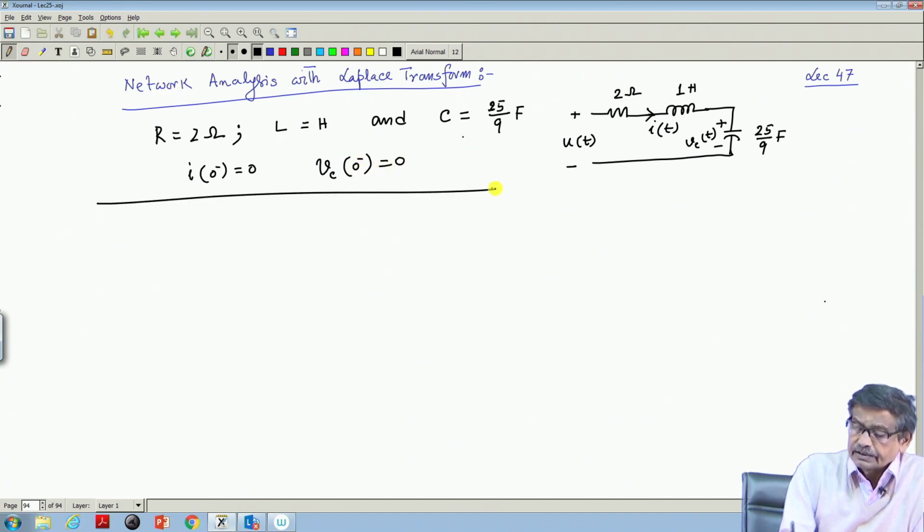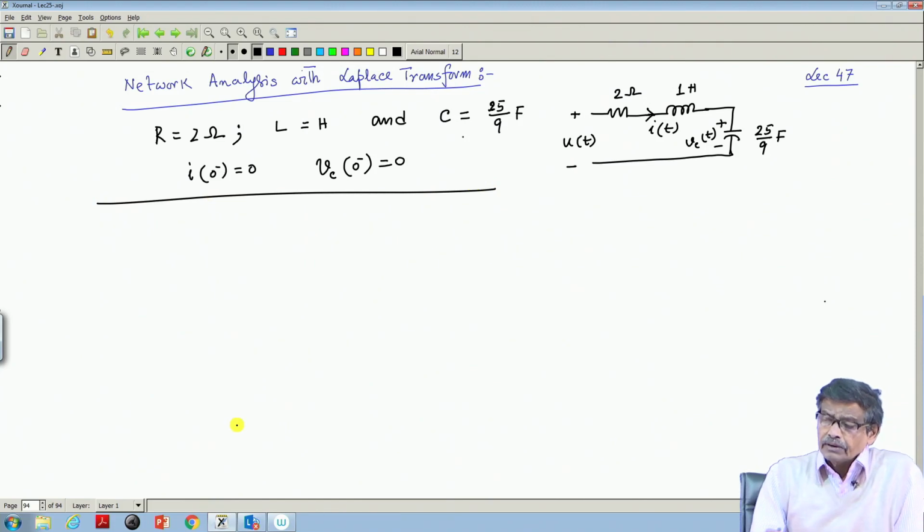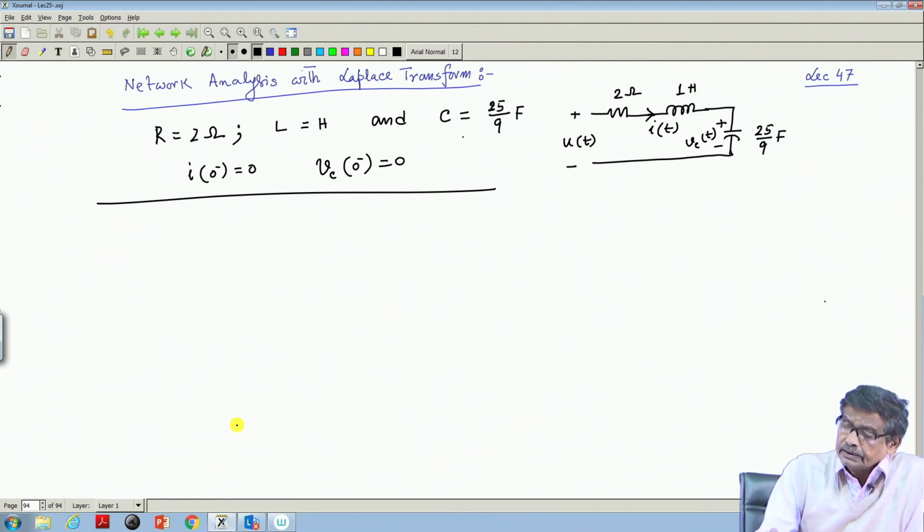These are the things given to me. Now, I can solve this writing down the differential equation classically, that gives you better insight, those things we know, but let us apply the Laplace transform method to solve this circuit.